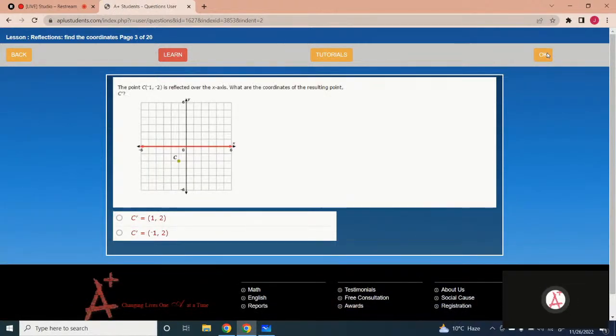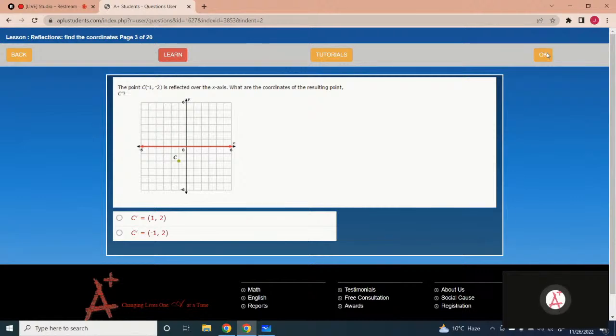Okay, the point C, negative 1, negative 2 is reflected over the x-axis. What are the coordinates of the resulting point? Got it? So it is reflected over the x-axis. That means the value of the x coordinate remains the same and the sign of the y component is changed.